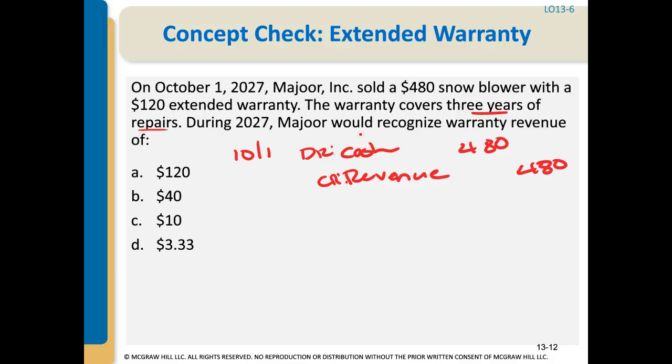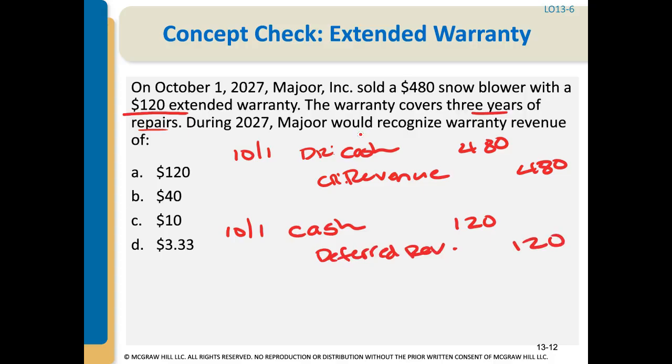At the same time, on 10/1, we would also record this $120 extended warranty. So we're going to debit cash for this $120 and credit a deferred revenue, that's a liability, for $120. So we would book both of these entries.